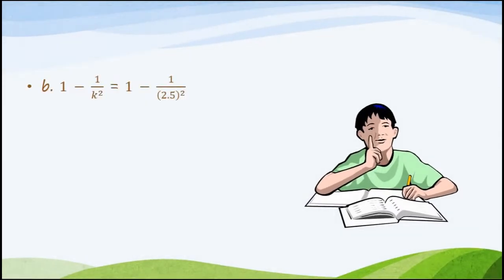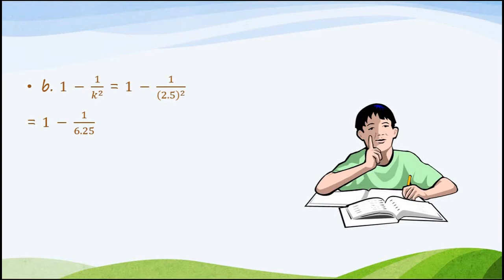Let's now find the proportion. So that would be 1 minus 1 over k squared, which is equal to 1 minus 1 over 2.5 squared. So that would be 1 minus 1 over 6.25.